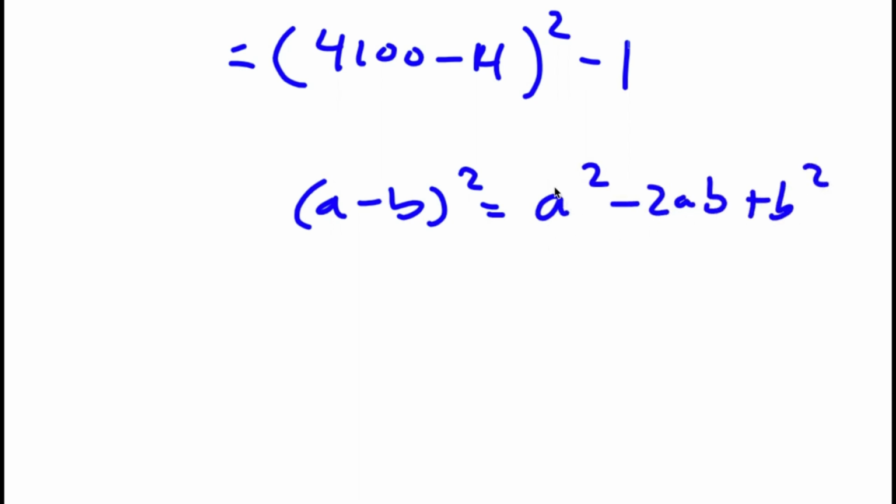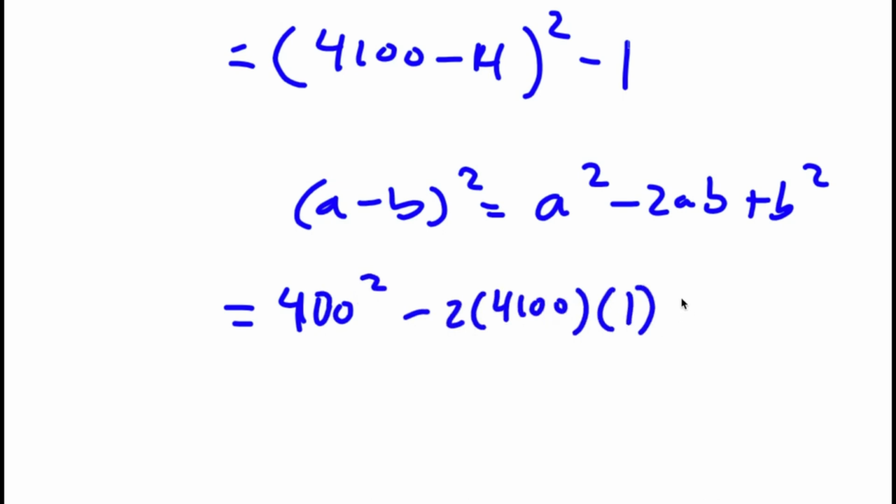So, we have 4100 minus 4 squared. So this is going to equal 4100 squared minus 2 times 4100 times 4 plus 4 squared.